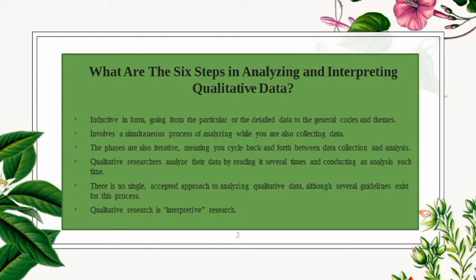Fourth, qualitative researchers analyze their data by reading it several times and conducting an analysis each time. The fifth, there is no single, accepted approach to analyzing qualitative data, although several guidelines exist for this process. And the last, qualitative research is interpretive research.